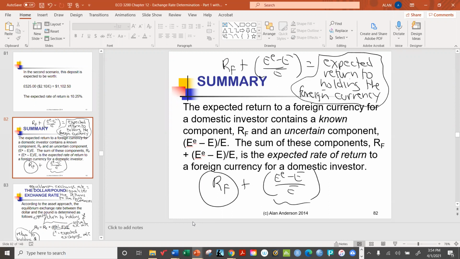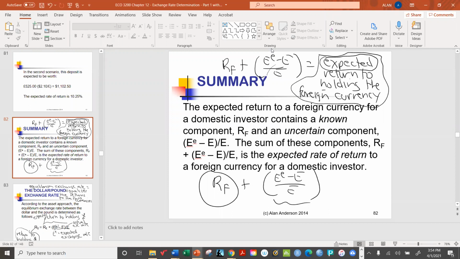The key word there is expected. It's not known with certainty like the dollar return is by holding euro dollars. And so this part will be driven by expectations of market participants, and those expectations can change very quickly, as we'll see.